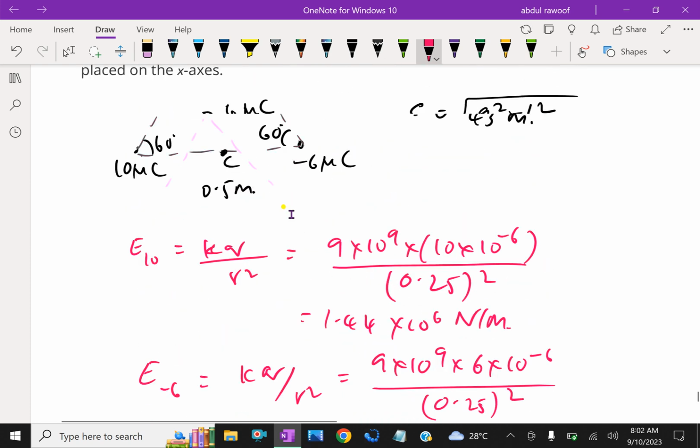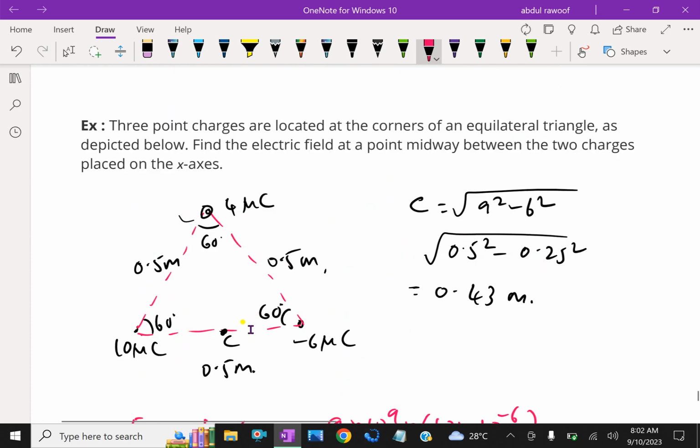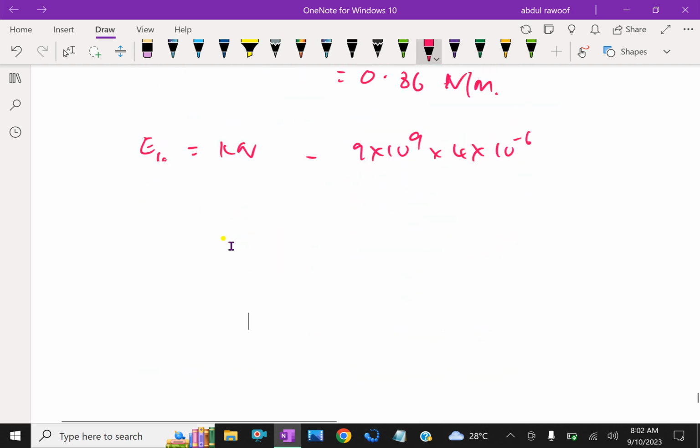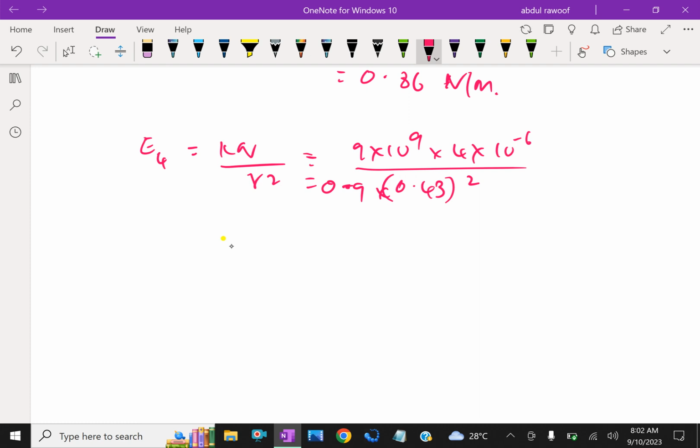That means we use the distance C we found here, which gives 0.19 into 10 power 6 newton per meter.